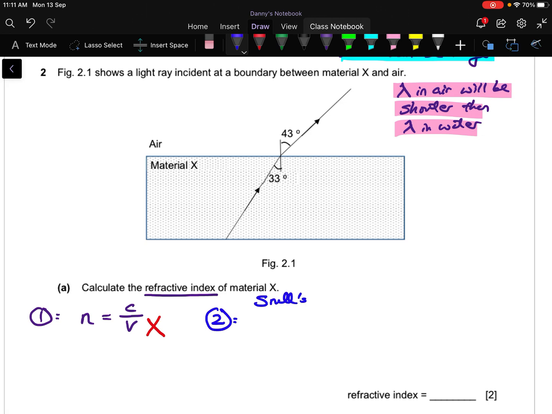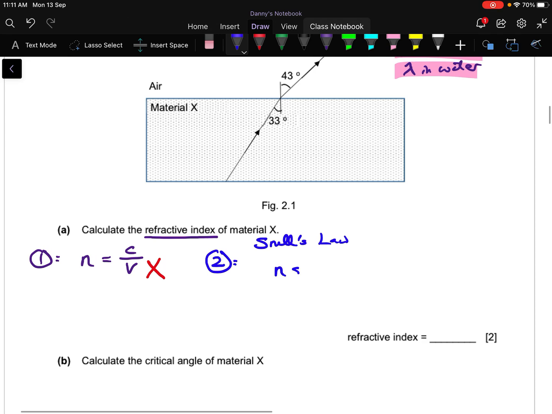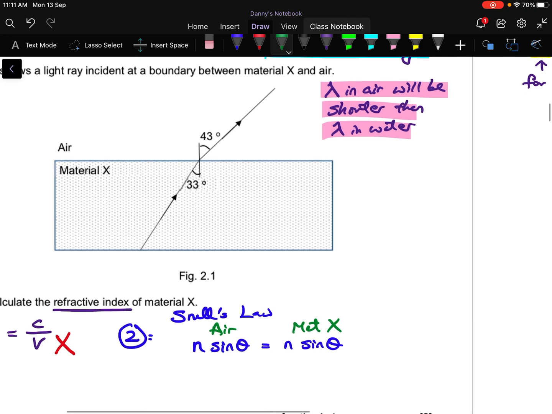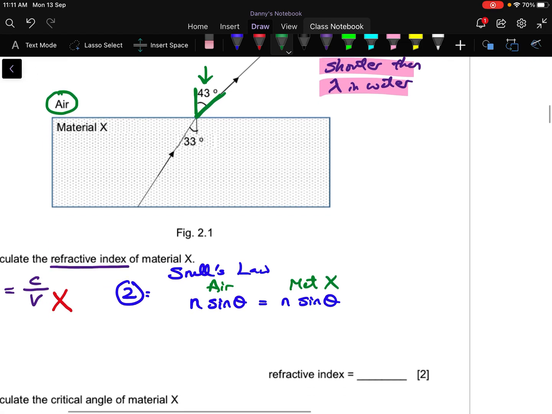Approach number 2 is your Snell's law. You can apply Snell's law, n sine theta equals n sine theta. Maybe this side is air, this side is your material X. In the air side, the angle between the normal and the ray is 43.